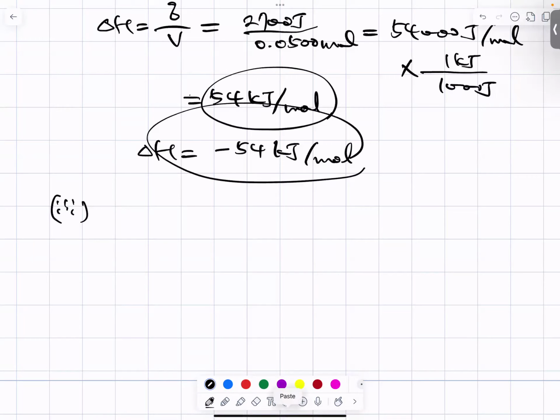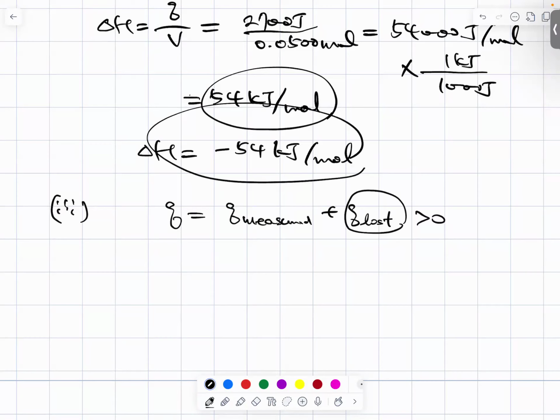Okay. So when we lose heat, the total amount of heat generated is the actual value, but the measured value, and also some of it will be lost to the surroundings, to the air. So Q actual, this is actual, and Q measured is smaller in magnitude, smaller than actual.